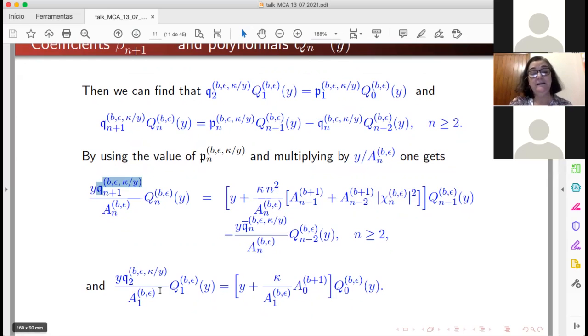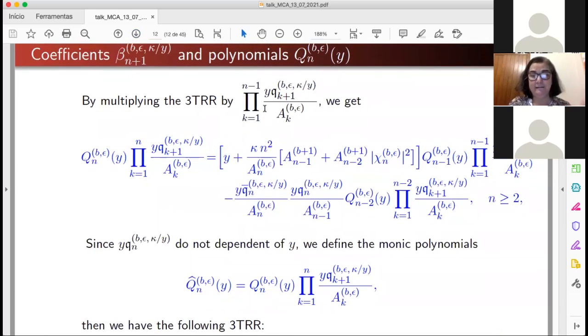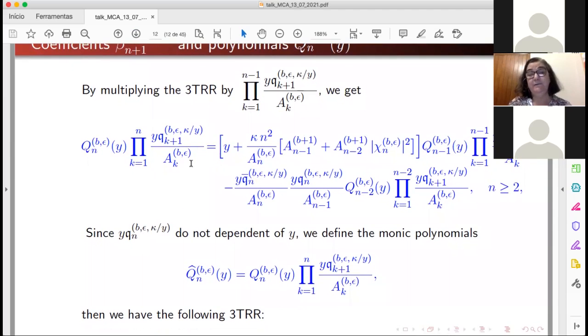Actually, with the initial condition, we can just assume Q0 equals 1. But here we need another step. We multiply that three-term recurrence relation by this quantity, and we get a new one, but we are going to call this polynomial, since we see that here we have just Y, a monic polynomial.